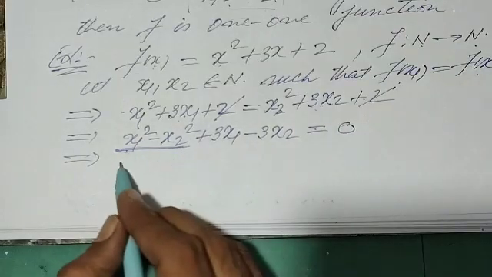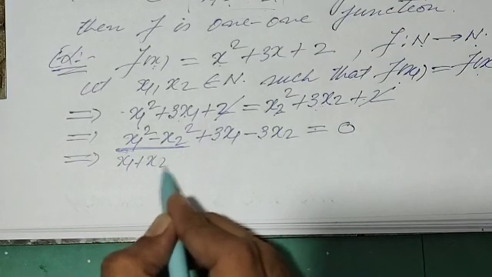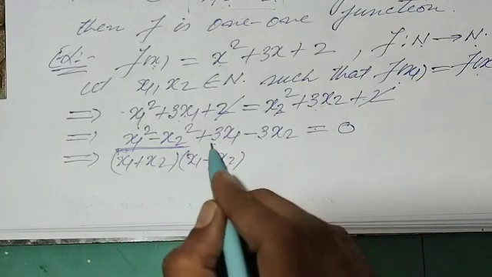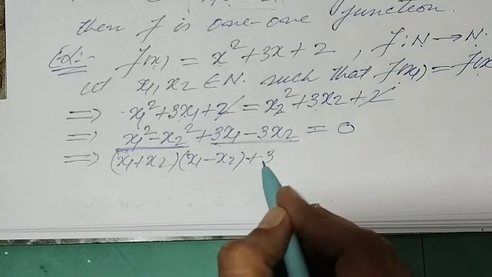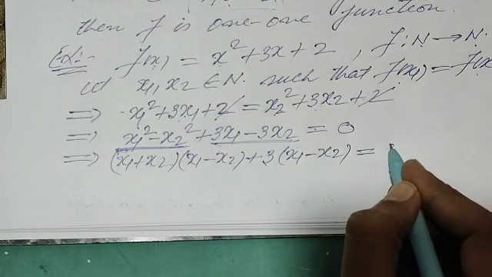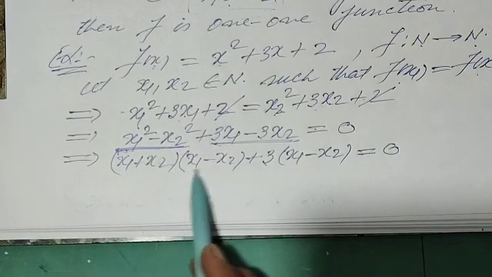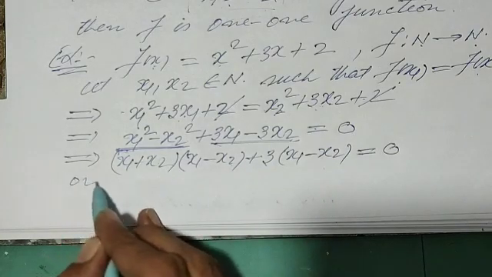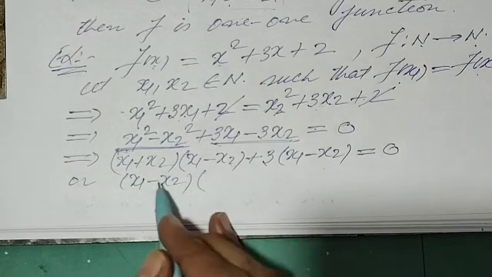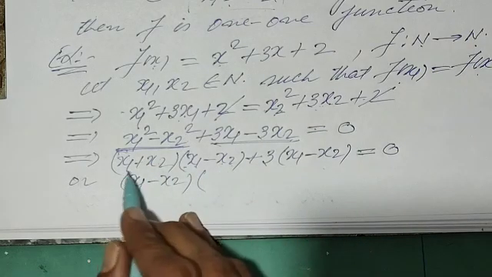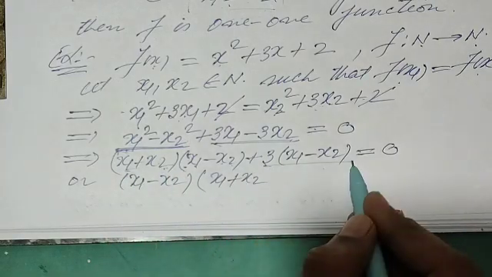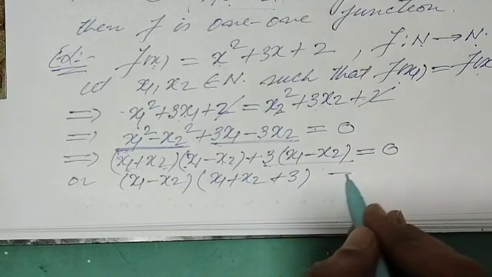These two terms can be written as (x1 plus x2) into (x1 minus x2), and out of these two terms we may take 3 common, leaving (x1 minus x2) inside the bracket, is equal to 0. Now if we observe, (x1 minus x2) is common, so we may take (x1 minus x2) common, and after taking it common, we get in this bracket x1 plus x2, and out of this term only plus 3, is equal to 0.